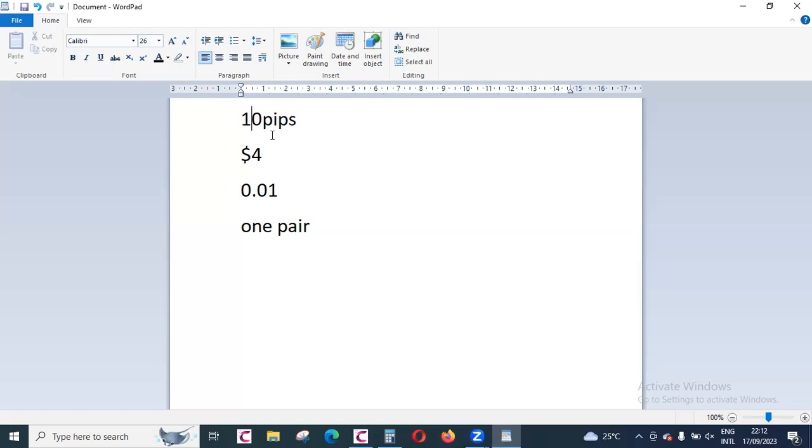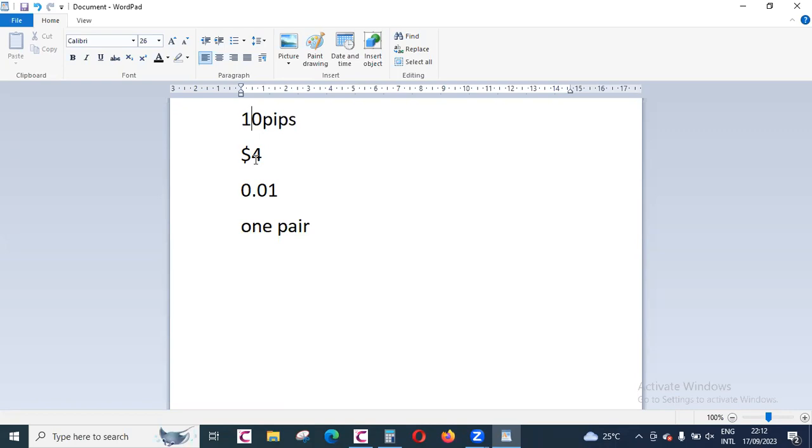If a trade goes against you, that's $1 on each of the pairs. You can also apply 0.04 on just one pair, so 0.04 with 10 pip risk is $4. You can decide to trade 2 or 3 pairs or just focus on one pair.